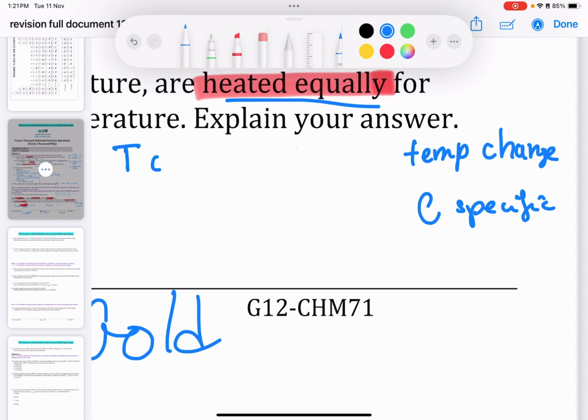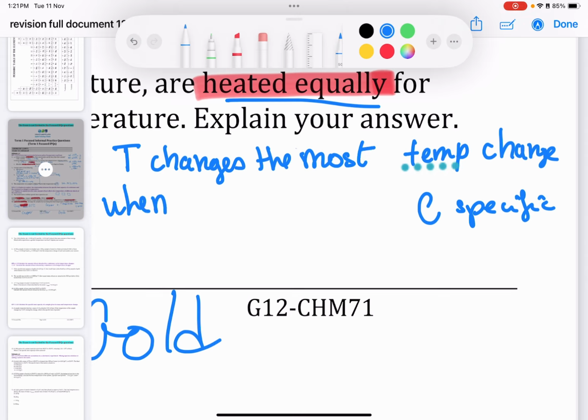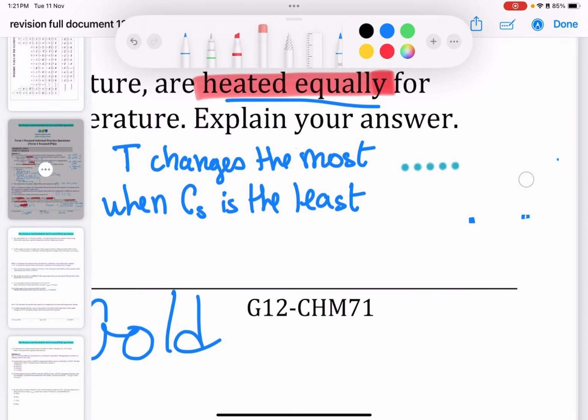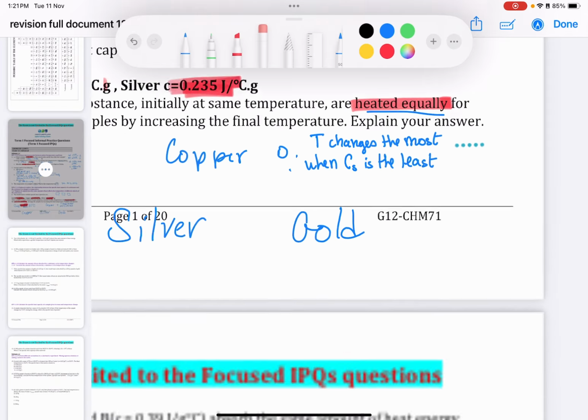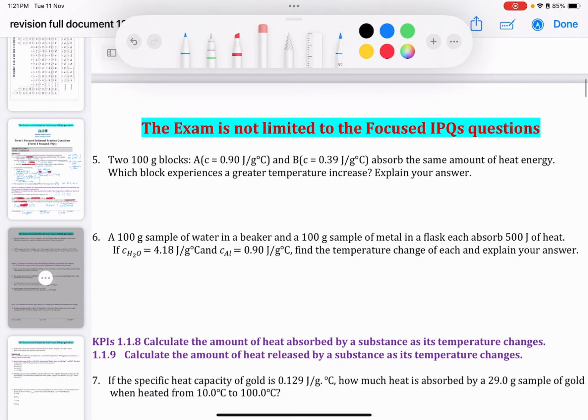So temperature changes the most when the specific heat capacity is the least. So that's the relationship between the temperature change and the specific heat capacity.